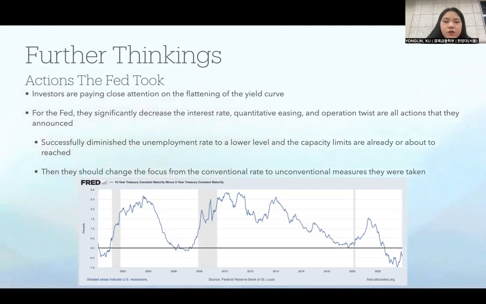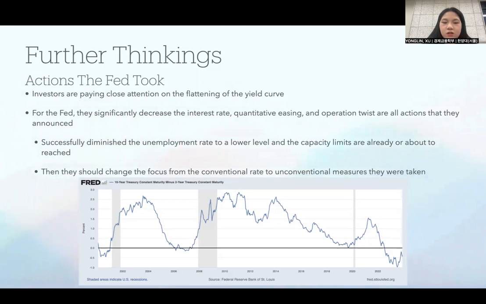So firstly, I think the Fed needs to decide to reverse the traditional quantitative easing and restore the short-term interest rate to the normal level before the economic crisis, after they reach all this, like the unemployment rate and capacity limits.